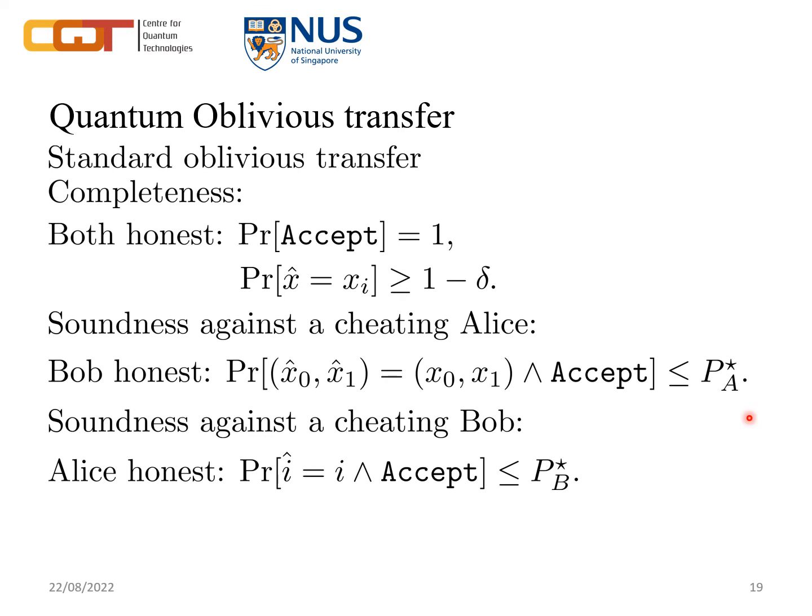And it is PB star sound against a cheating Bob if, with a probability less than PB star, a cheating Bob can guess hat I for an honest Alice's request bit I correctly, and both parties accept.